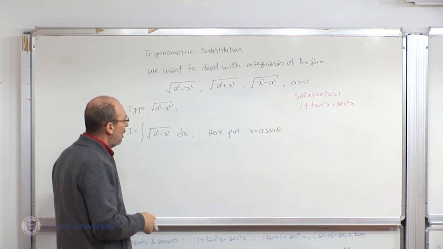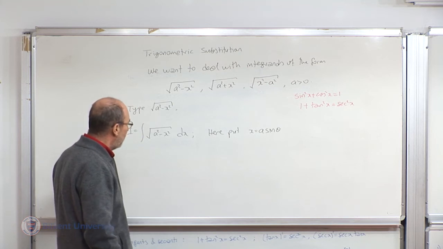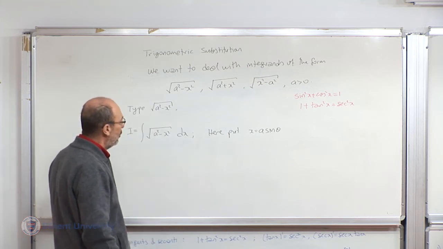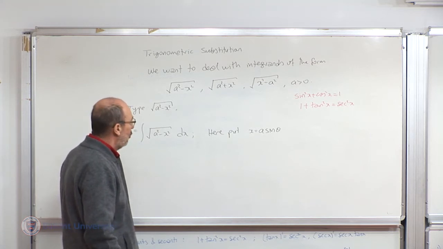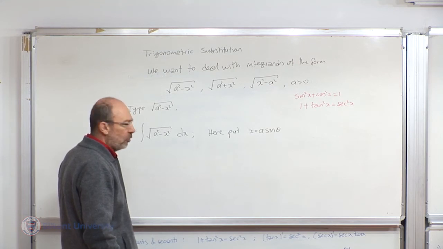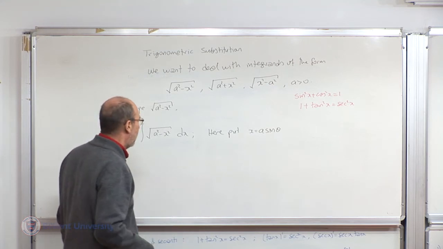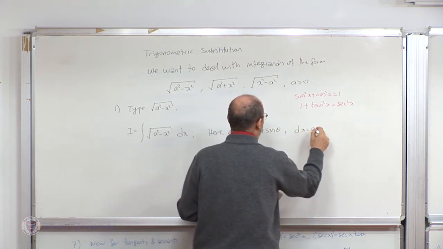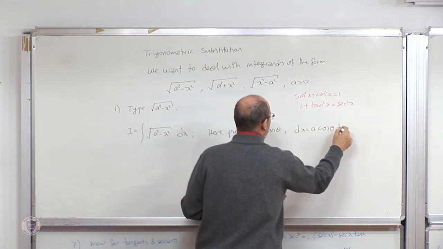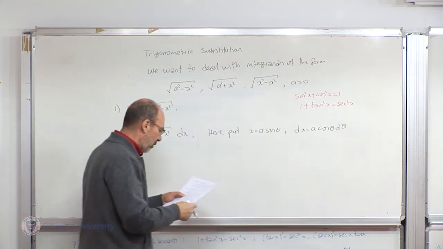Okay, so sometimes these things are called inverse substitution, sometimes trigonometric substitution, because we say set theta equals arc sine x over a. Okay, that's inverse substitution. Okay, so when you do this, you have dx equals a cosine theta d theta.